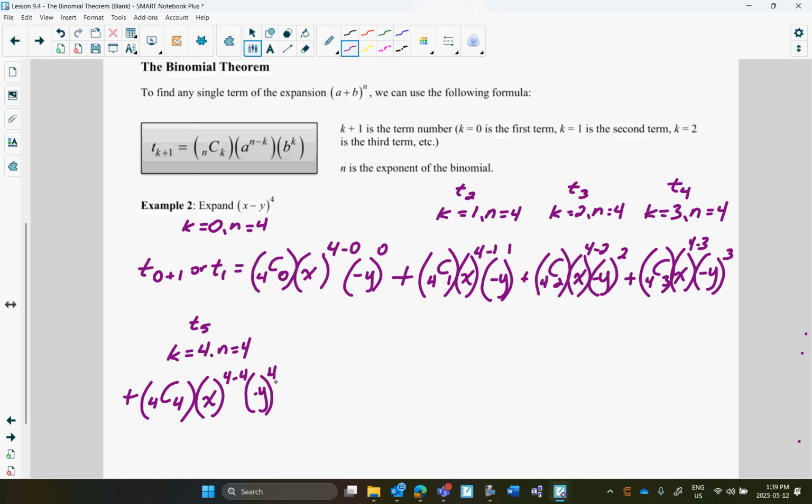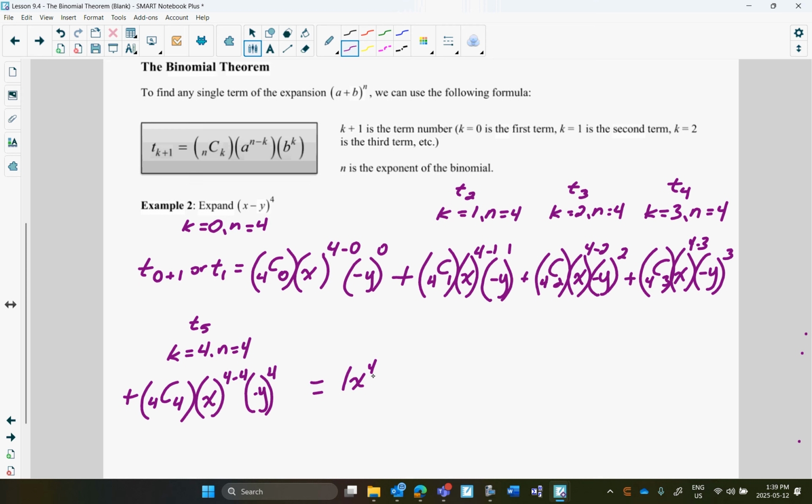This is pretty long, but I just wanted to show you how we calculate each term. What you're going to basically be asked is the ones on the next page, okay? Where you're given something and you're asked to find, say, the 6th term. So let's simplify this. 4 choose 0 is 1. x to the 4 minus 0 is x to the 4th.